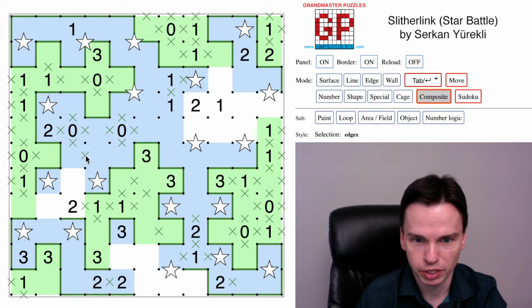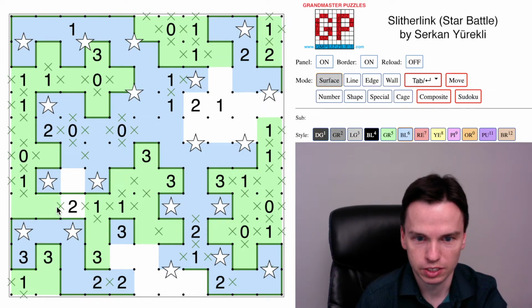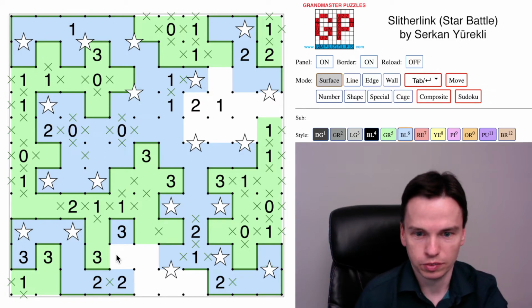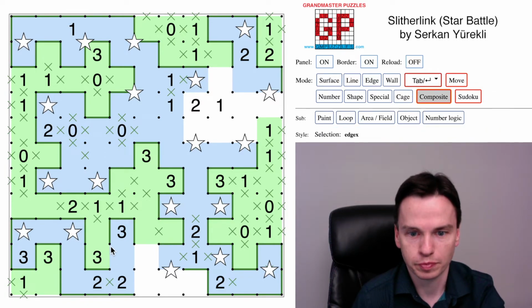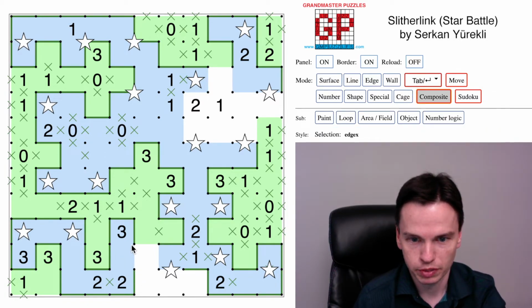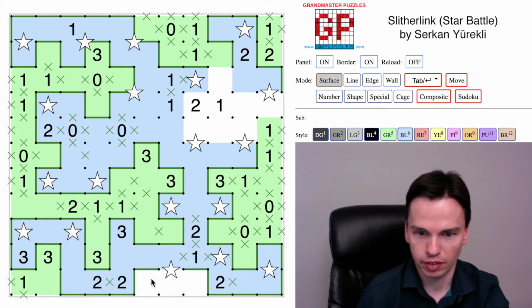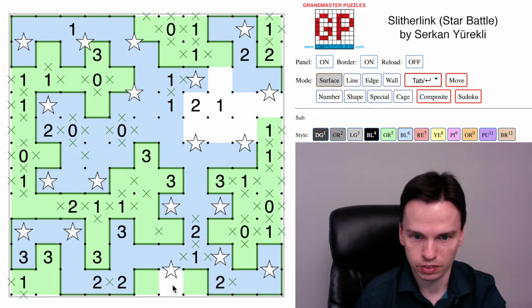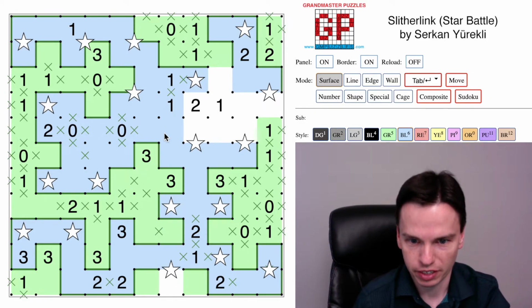This has no space to kind of connect further up, so this has to come to the left, and because the 2 clue is now fulfilled, we've actually finished this part of the loop. We know for sure that this looks like this shape. These ends have to stay apart, and we'll have this pattern. We don't yet know what color this cell is, but we're probably going to be able to deduce it pretty soon by going back to thinking about stars.